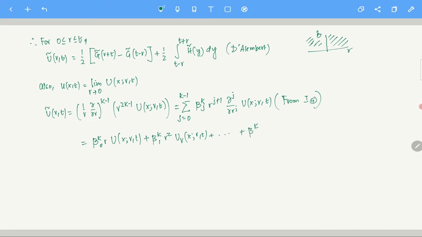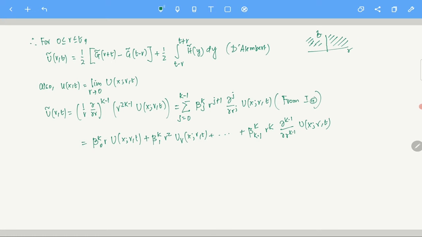It becomes b_kj with j equals k-1, r^k, and you have ∂^(k-1)/∂r^(k-1), the (k-1)th derivative, of capital U(x, r, t). So that is your U tilde. It's a little big expression. I just broke it up and wrote it like that.